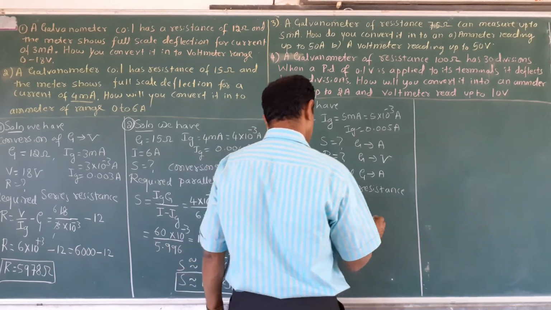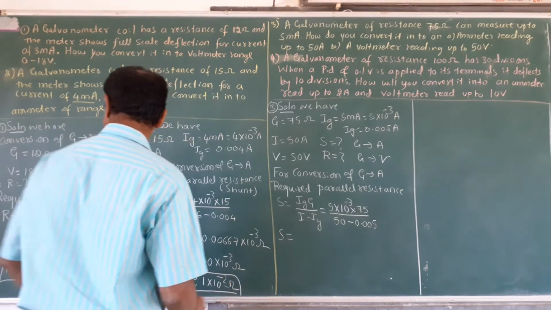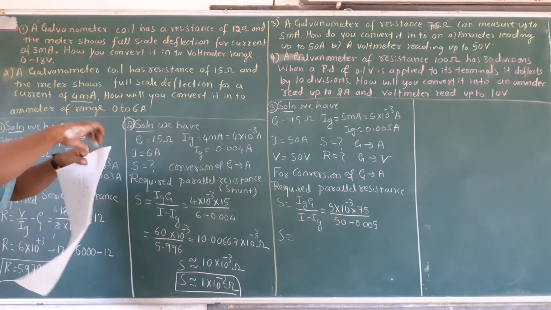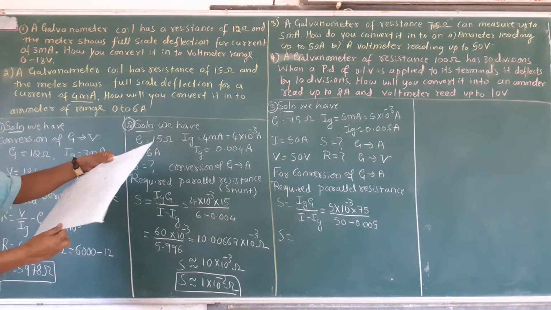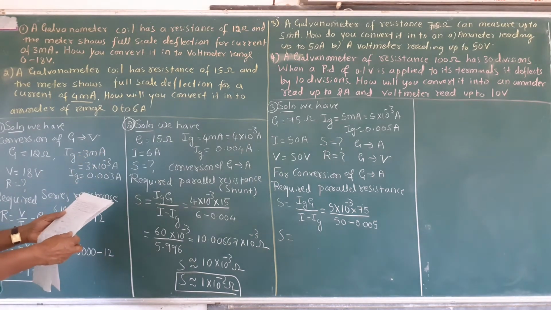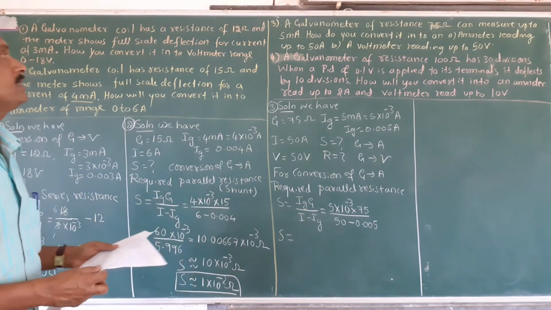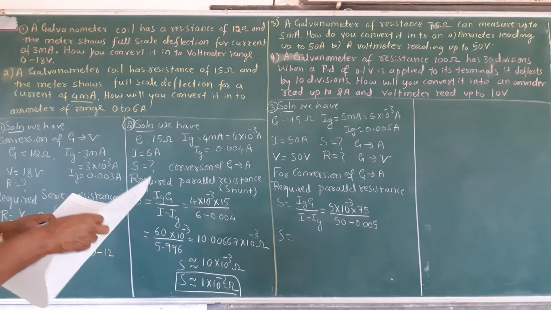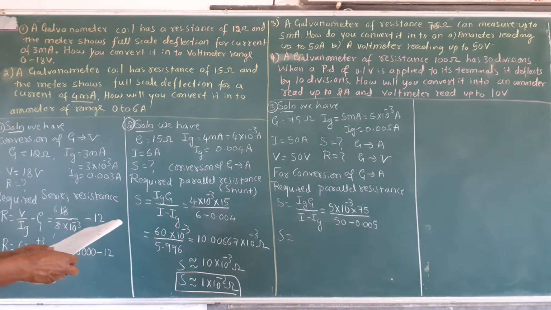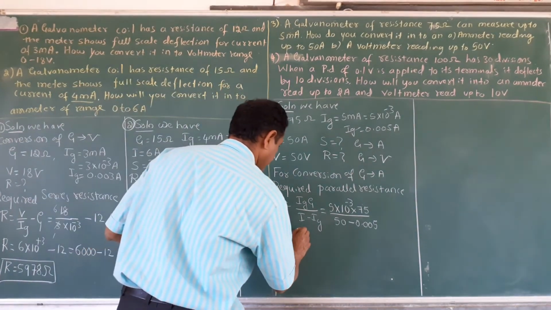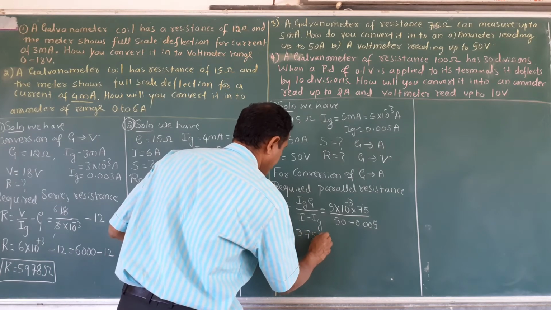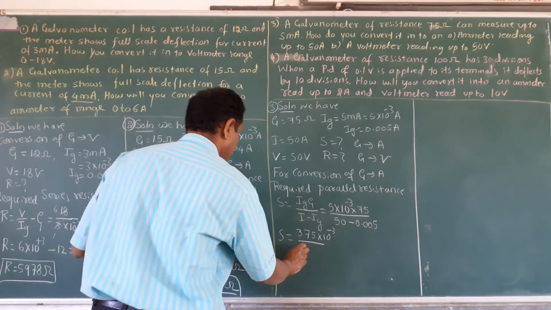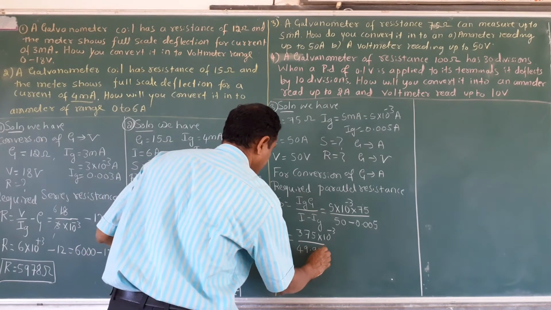S is equal to, you multiply this, that is 75 into 5. How much do you get? This is up to 50 ampere. That is 375 into 10 to the power of minus 3 divided by 49.995.